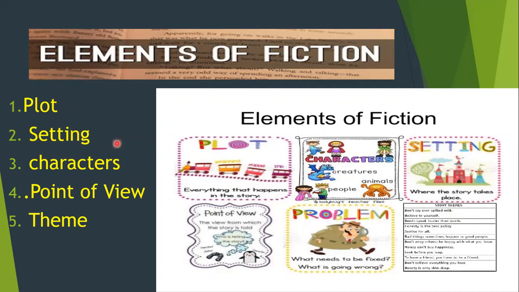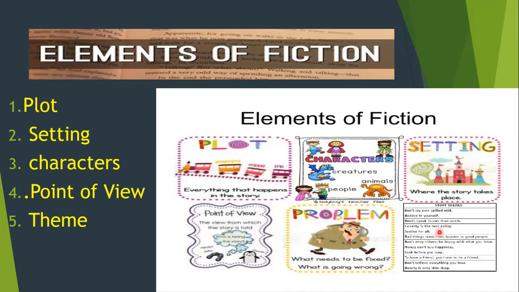So the first one, plot: everything that happens in the story, the sequence of events. The characters: the people, creatures or animals in the story. The setting: the time and place. The point of view: the view from which the story is told.